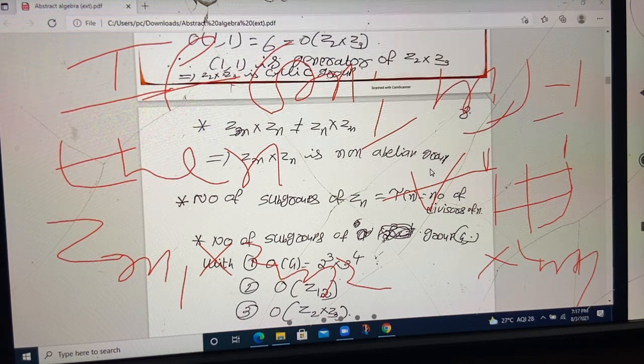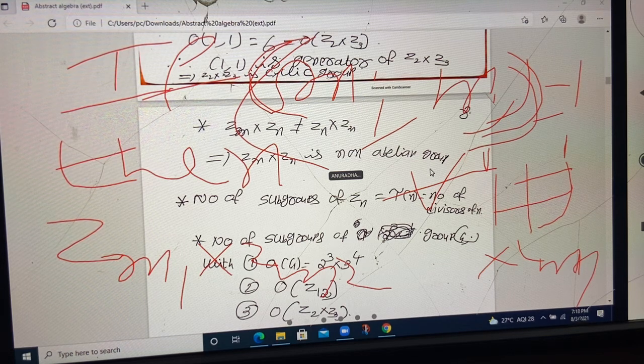What is meant by this bracket? Open bracket means GCD, square bracket means LCM. If the GCD between any two pairs is 1, not only adjacent, every pair, then Z_m1 cross Z_m2 cross and so on up to Z_mn is cyclic.